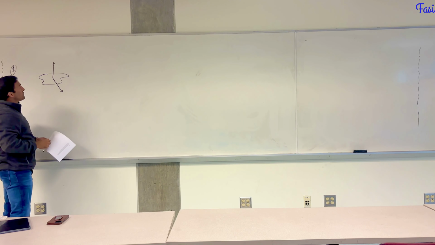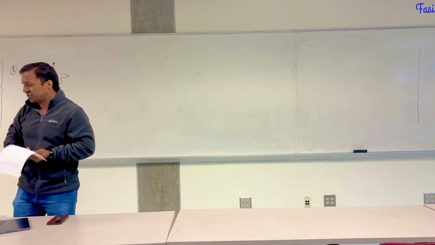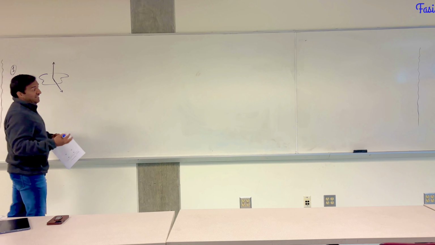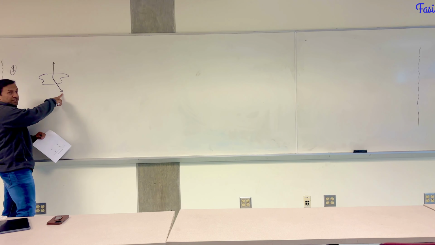And so you are supposed to find the resultant of these two forces, or these two vectors in general. In the last lecture, I told you how you add two vectors. That was the head to tail rule. You take one vector and put its tail on the head of the other vector.